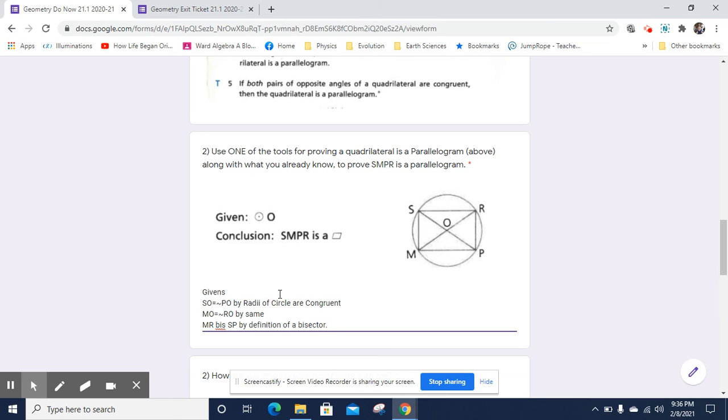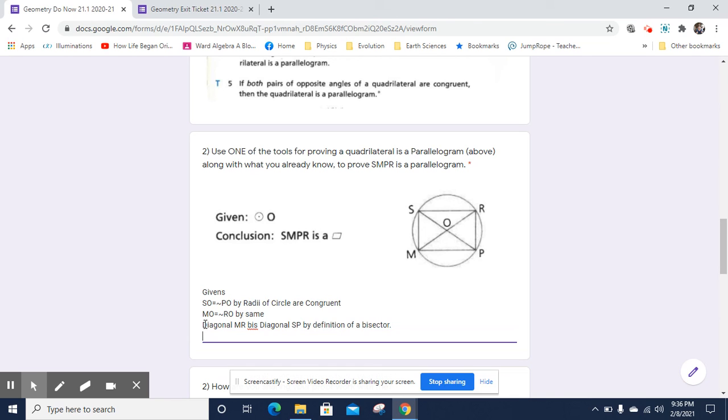Okay. Now, once we've demonstrated that these diagonals, so these are the diagonals, I'm just going to make a note, diagonal MR bisects diagonal SP by definition of a bisector because each gets split into congruent parts that happen to be radii that are all congruent.